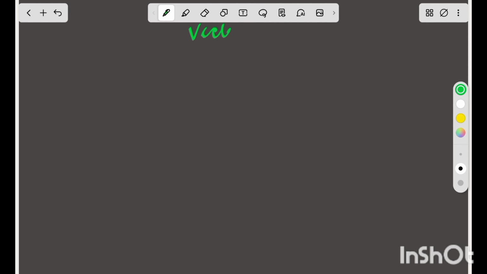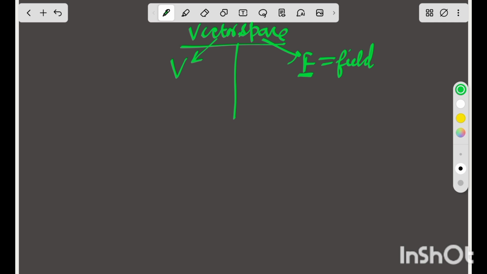That is, in case of a vector space, we deal with two sets V and F. This F is nothing but a field, that is, F with respect to addition and multiplication is a field. The elements of F are called scalars.